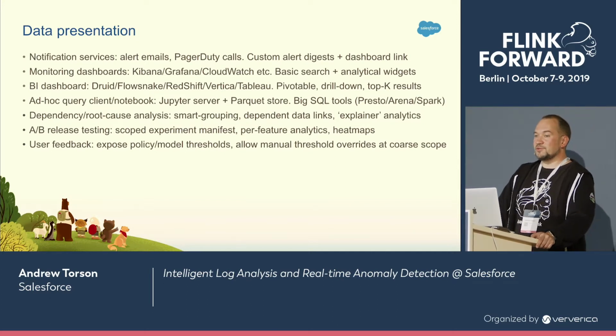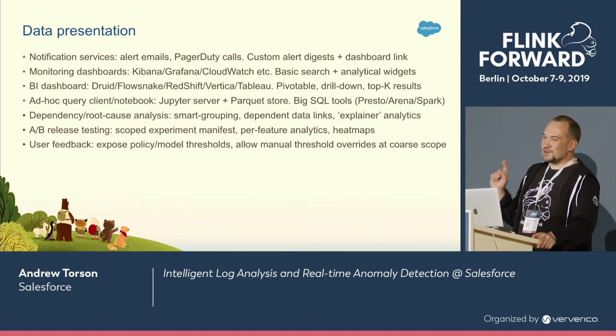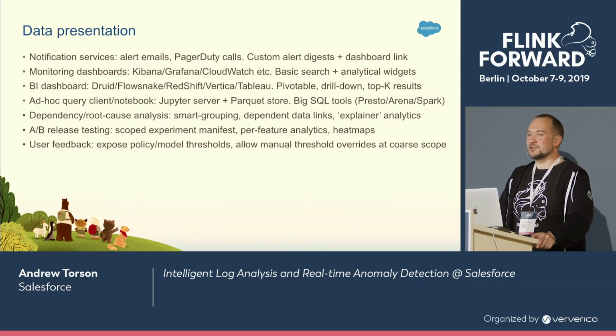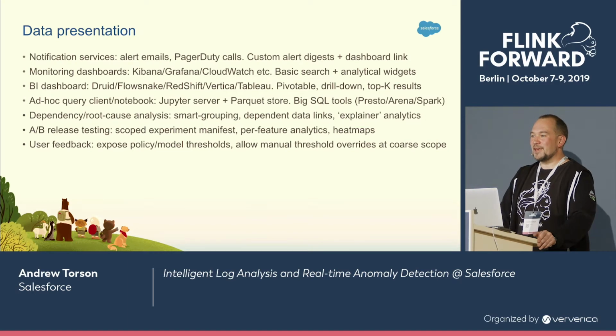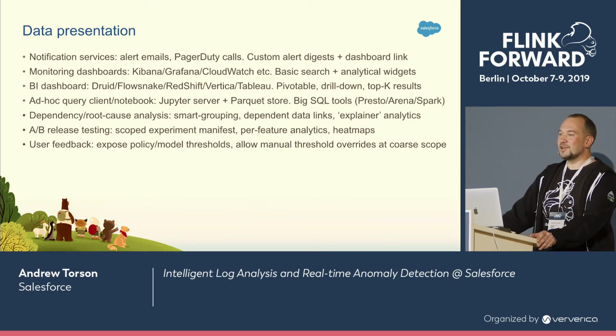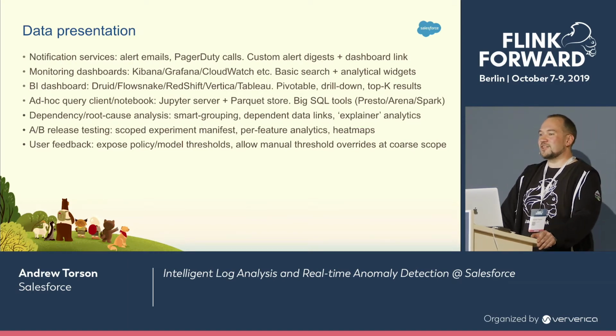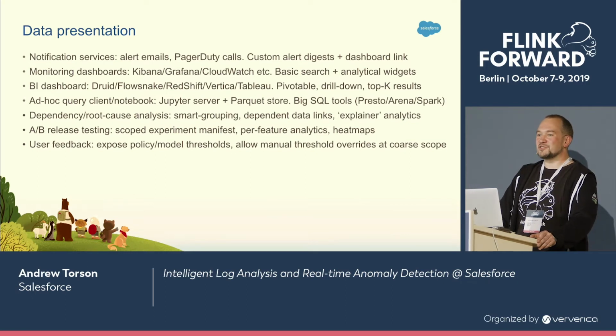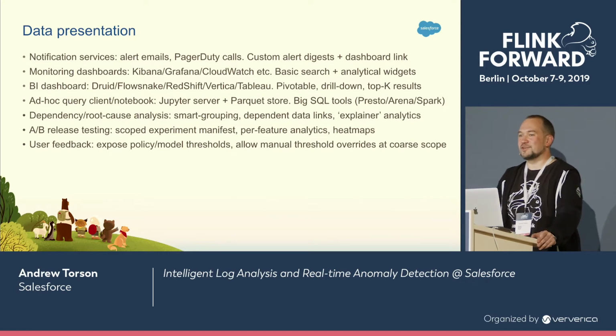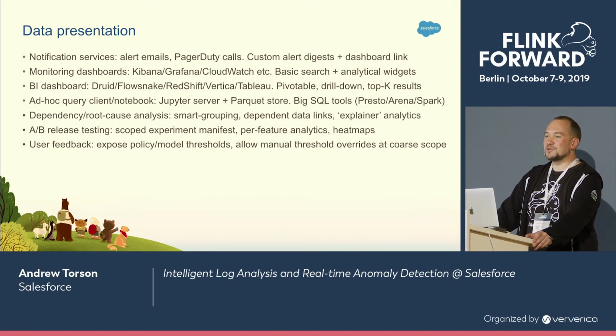So the extra thing that we added on top of Druid is, Druid typically starts with just a single number, and then the users start clicking on dimensions and drilling down. We actually offer an expanded view right away, and this is what we call the smart grouping feature. We have a model that analyzes which particular dimensions are of the most interest to this particular event that happened, and we draw what we call a heat map.